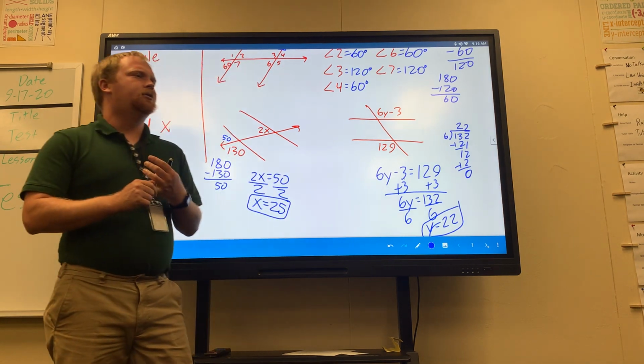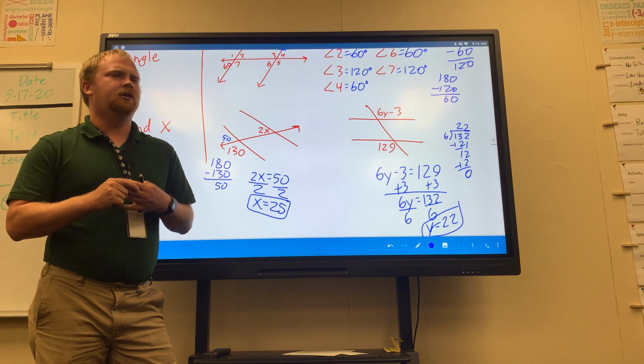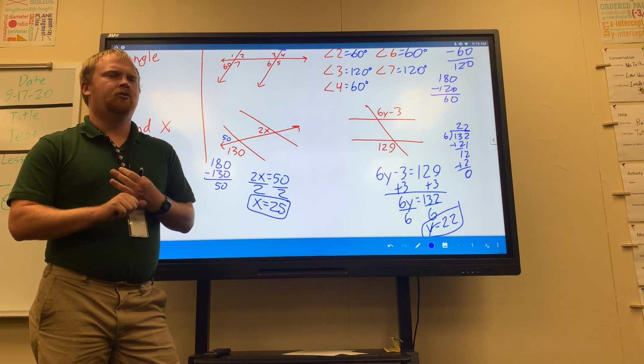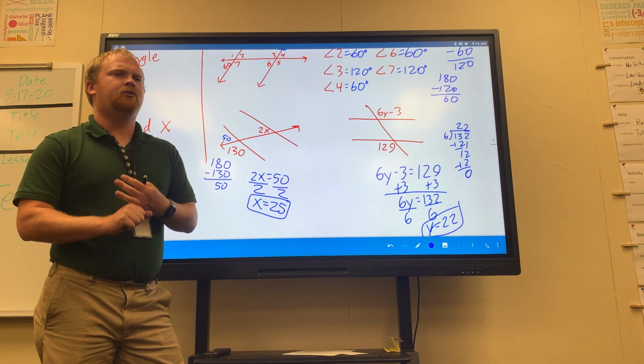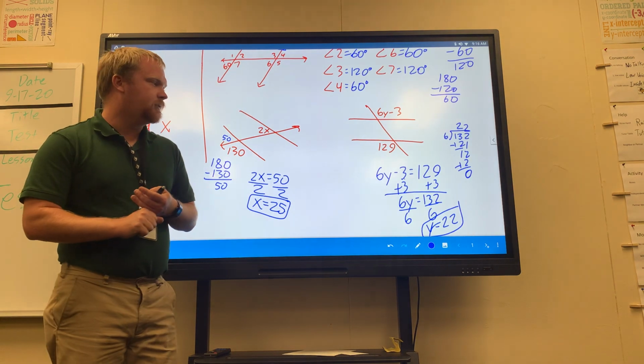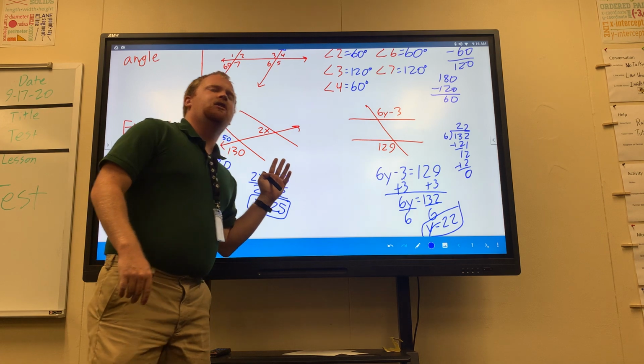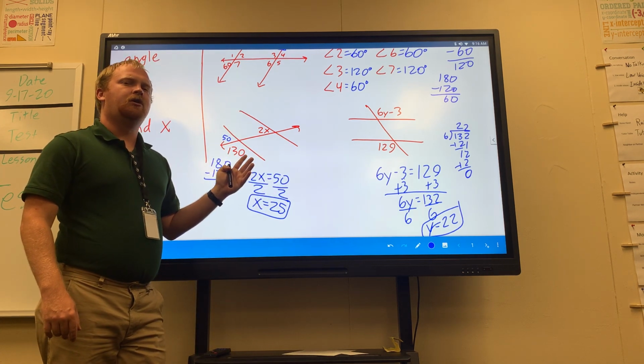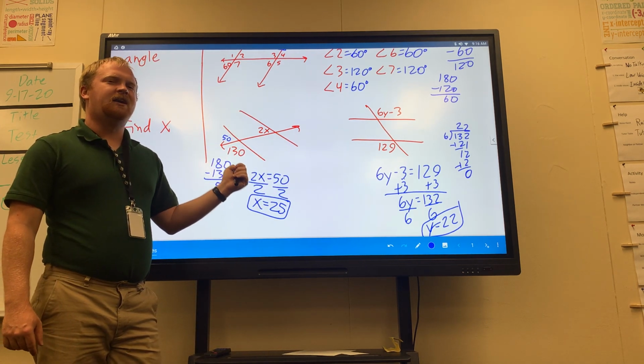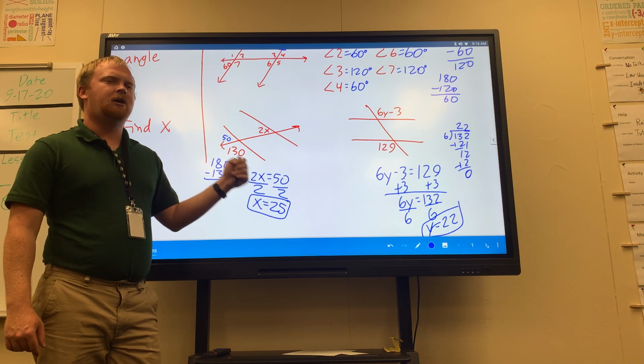So we gotta remember that three of those are the same, but only consecutive interior angles add up to 180. And by knowing those facts, we will be able to figure out what the angles are, or even to be able to find x, given the pair of angles that we have.